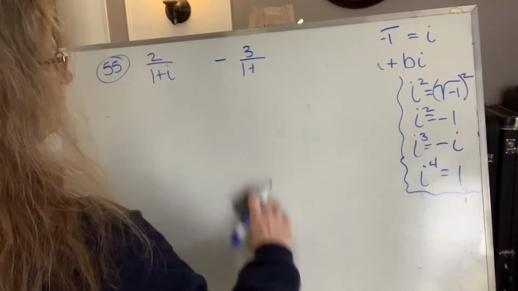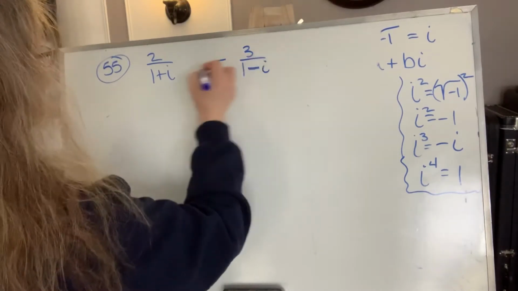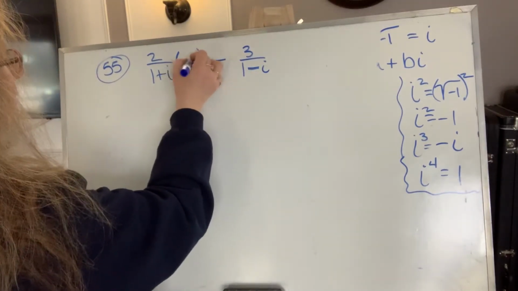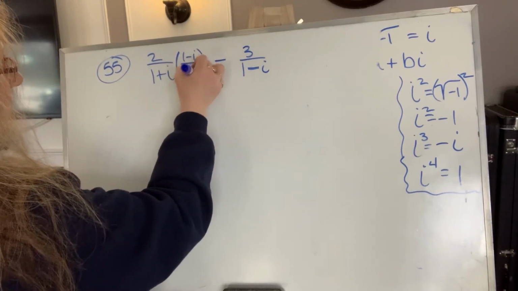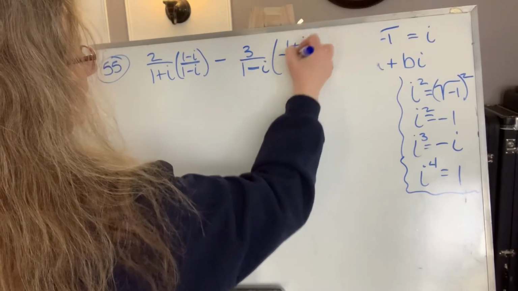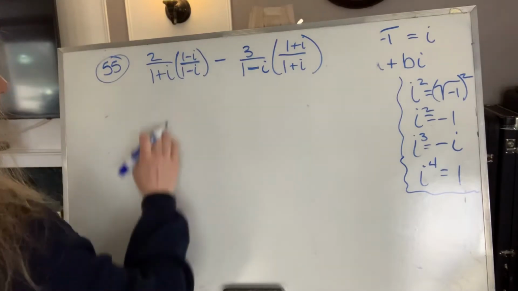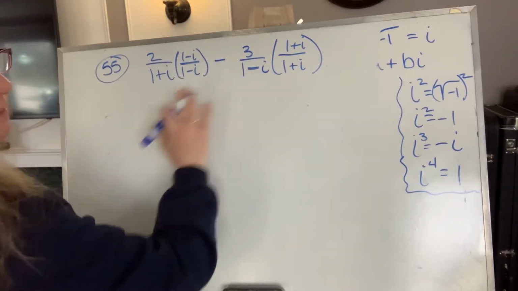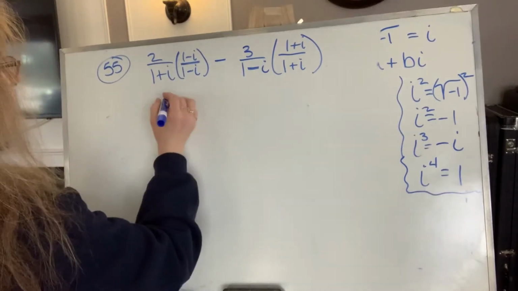So I multiply the top and bottom by 1 minus i in the first case and 1 plus i in the second term. Now I can get common denominators, so I can add my fractions.